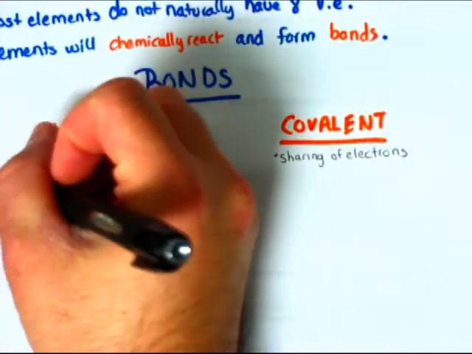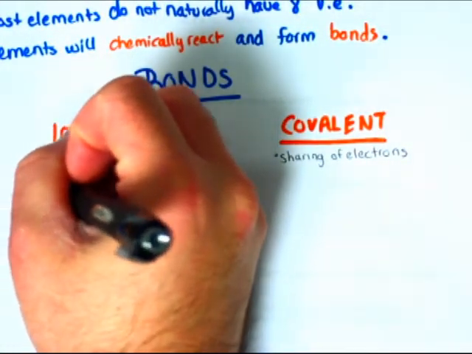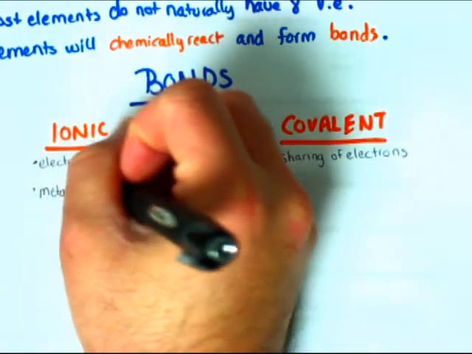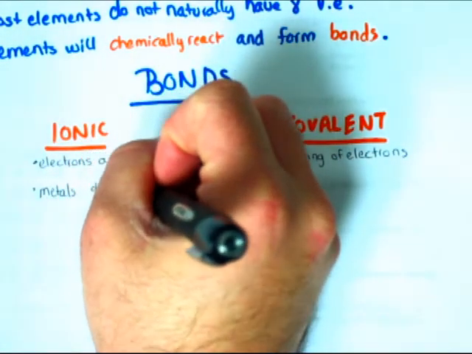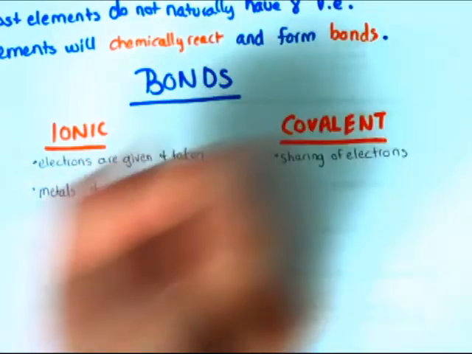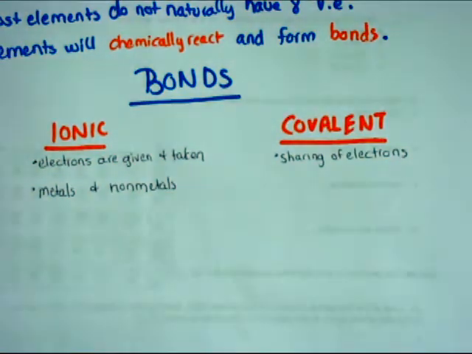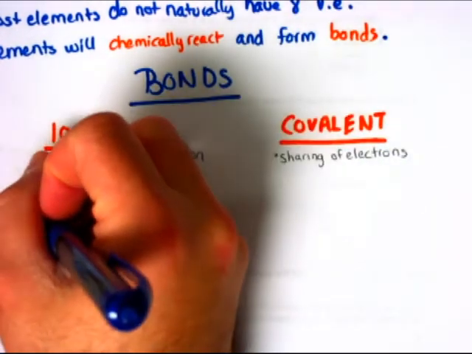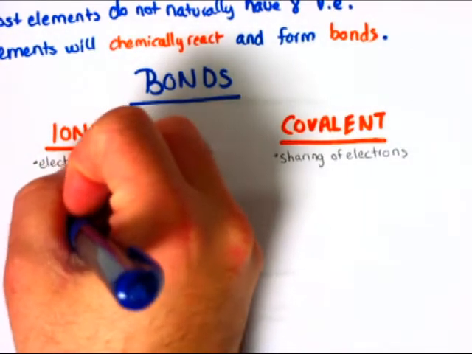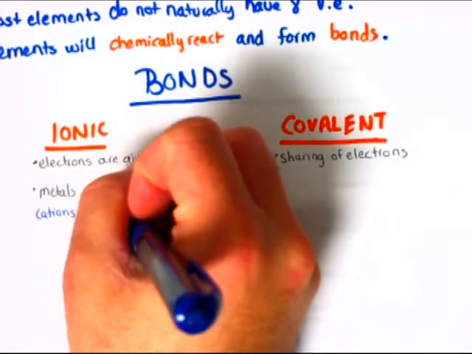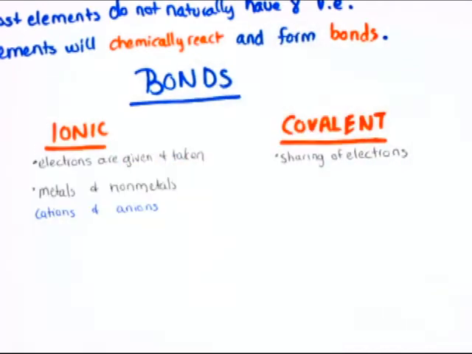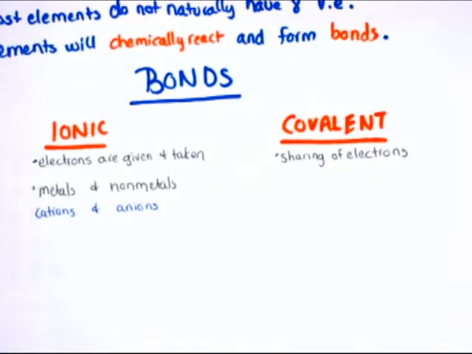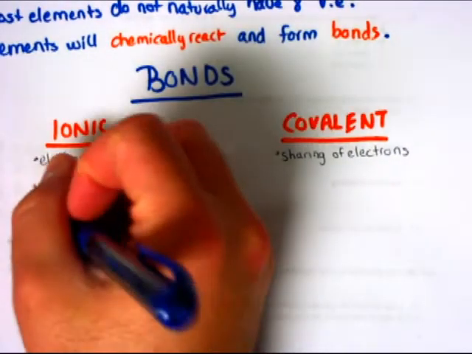Yep. Ionic bonds are always made of metals and nonmetals bonded together. If you think about it, metals are usually positive or negative in charge. So another way of viewing this is that you have cations bonding with anions. Remember, cations are positive or negative? Very good.